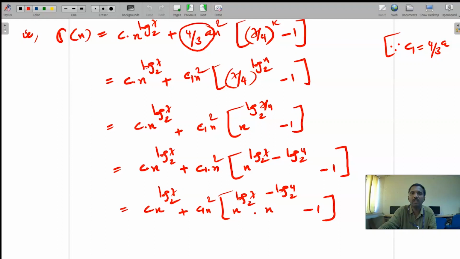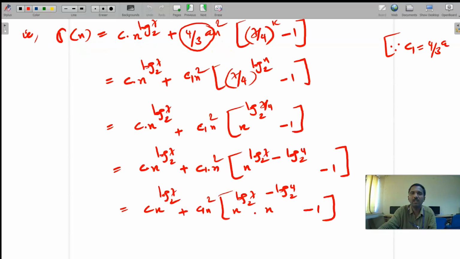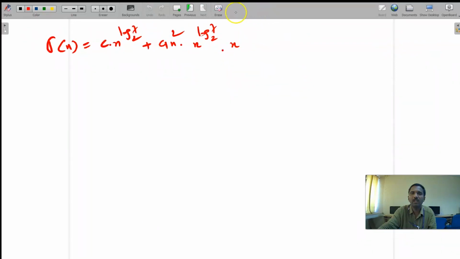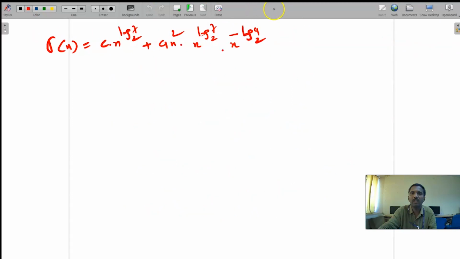So here c1 n square is multiplied with n power log 7 base 2 into n power minus log 4 base 2, then minus c1 into n square minus c1 into n square.